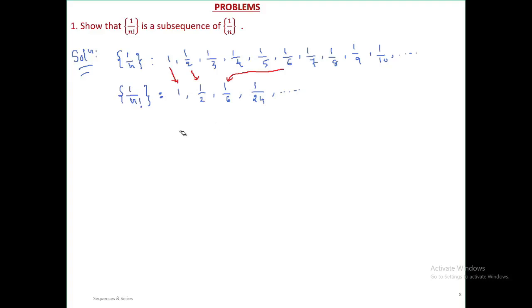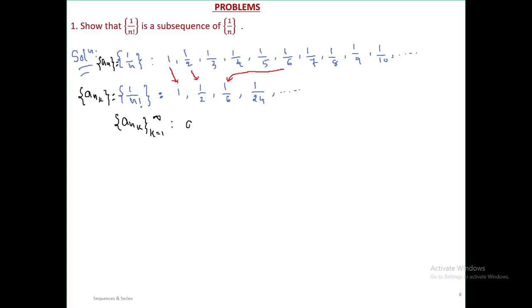So clearly, here we have a_nk, which is like the sequence a_n, and this is like the sequence a_nk. Now the sequence a_nk, if you run k from 1 to infinity, what will you get?